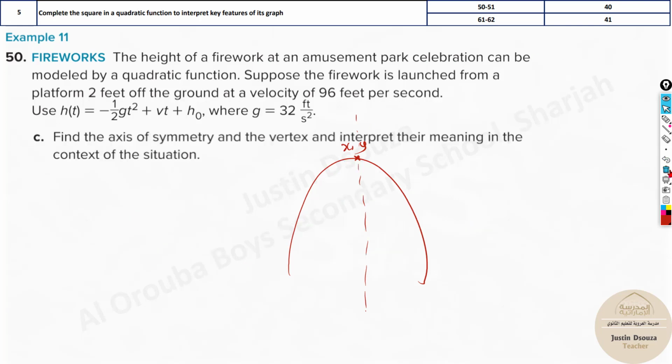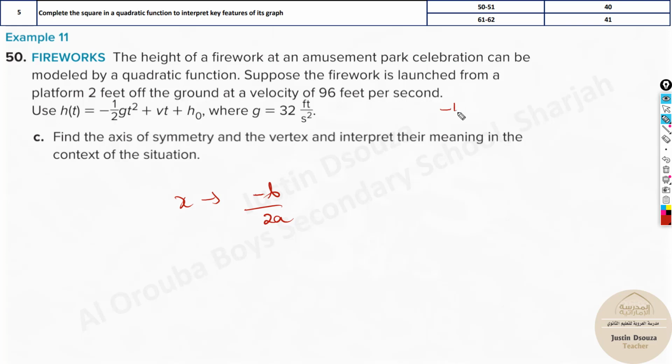But in another way, how do we find the x coordinate of the vertex? We have done it in the previous problems. The formula is that the x value of the vertex is given by minus b over 2a. Remember, initially we substituted and solved. What was the a value? It was half times 32, that's 16, so it will be minus 16.